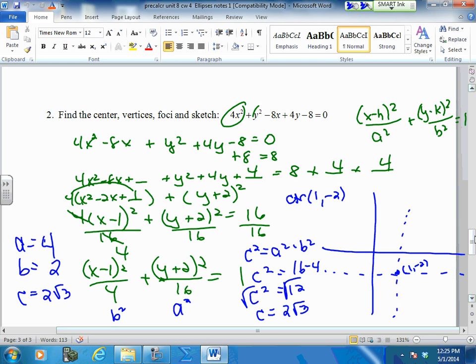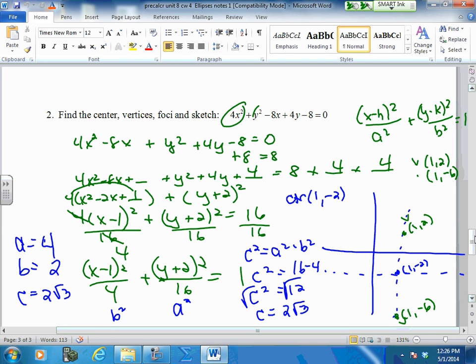So from here, I'm going to go 4 units up on y, 4 units down. If I go 4 units up, what does that give me? 1, positive 2. That's a vertex. I'm going to go 4 units down: 1, negative 6. Good. That's another vertex.